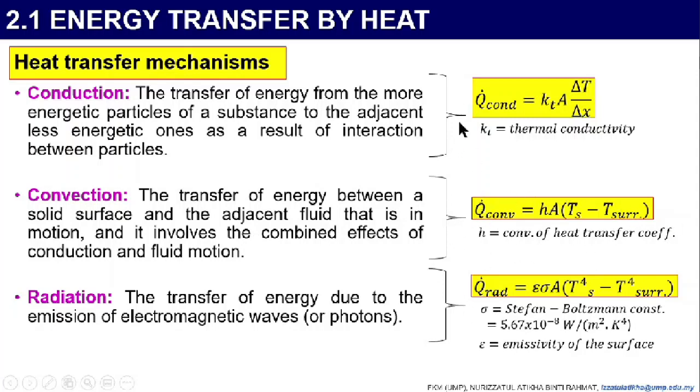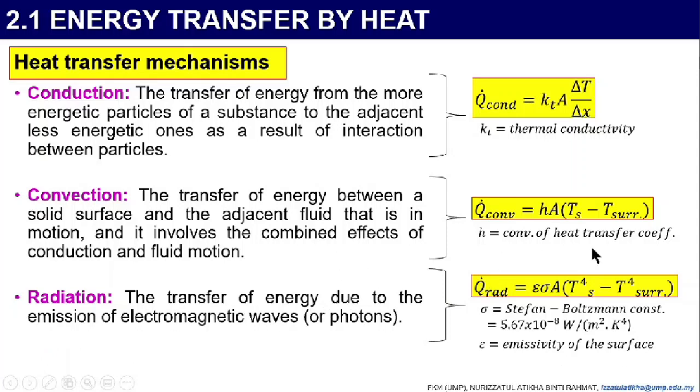All equations are in red. Q dot convection equals hA delta T, where h is the convection heat transfer coefficient. And then we have radiation, the transfer of energy due to the emission of electromagnetic waves or photons.